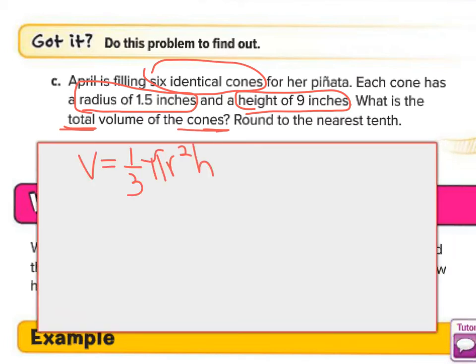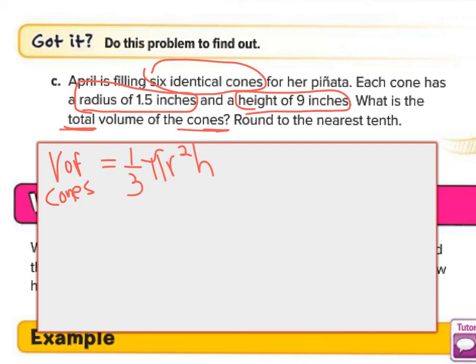Pause now. Okay, I hope you paused the video and you're ready to check. So we have volume equals 1/3 pi r squared times height. And if we want to actually get the volume of all the cones, maybe I can put on here volume of cones, just so that we know we're looking for more than 1.